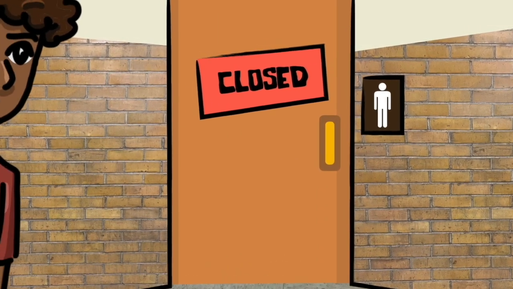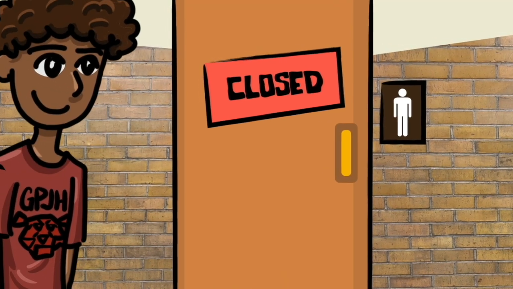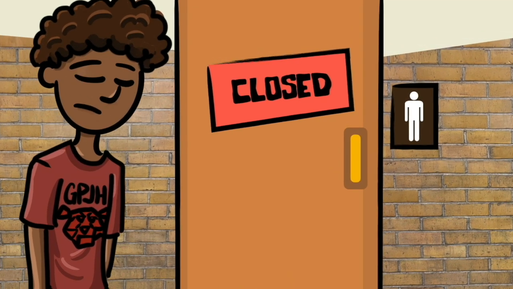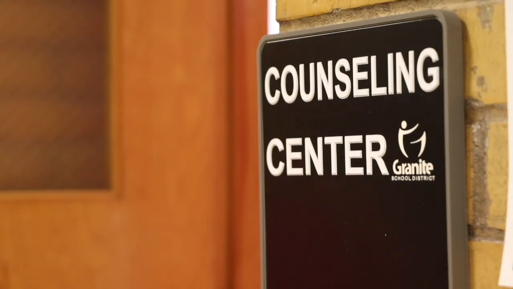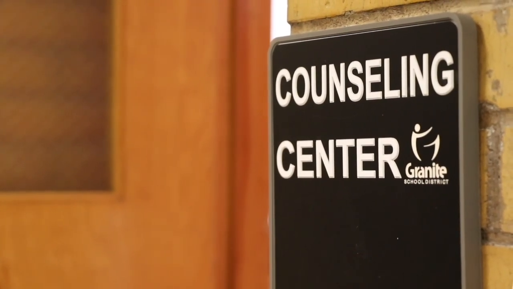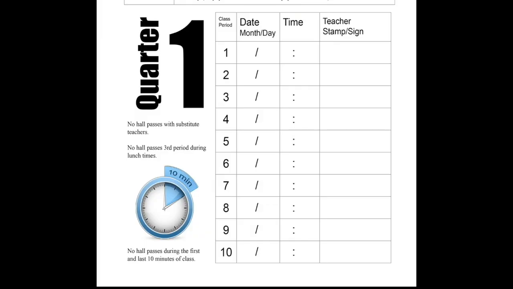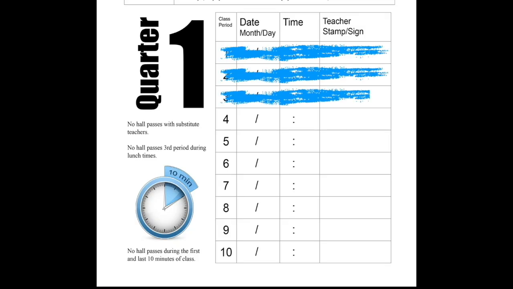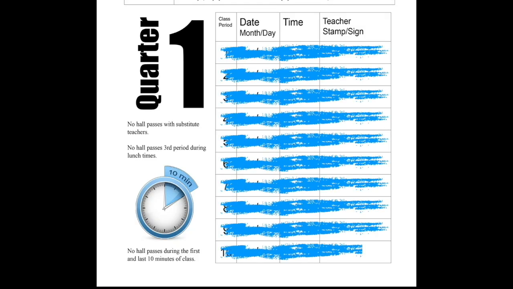So if you decide to go anyway during those first 10 minutes, you will find that the doors are locked. If you are in an emergency situation, then head to the counseling center and they will be able to help you. Remember, it's only 10 hall passes for the first quarter. Once you've used them up, they're gone. Good luck, Grizzlies, and enjoy the hall passes.